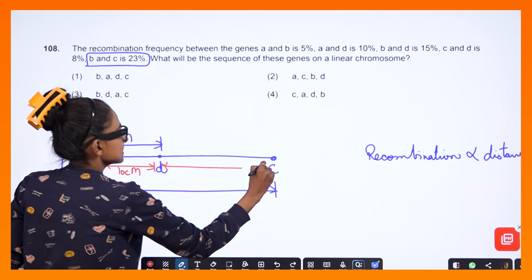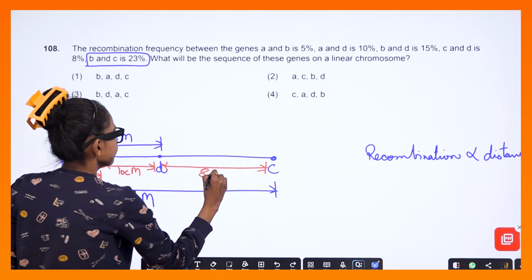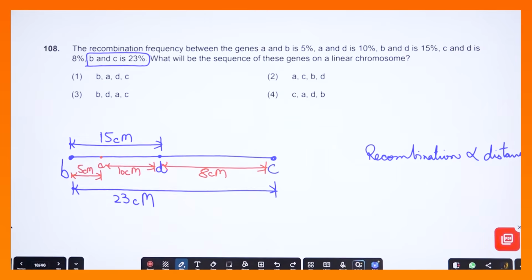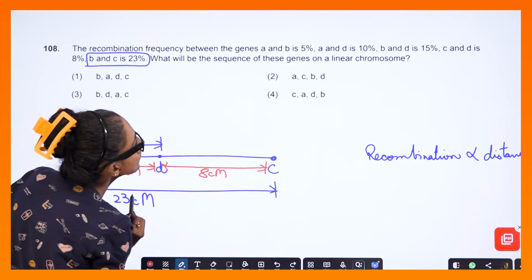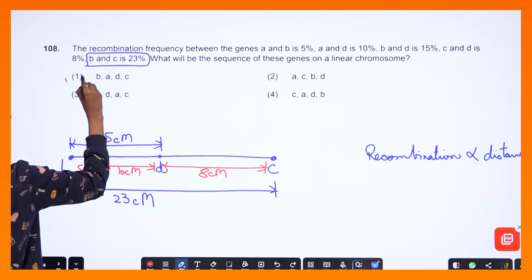Yes, it's matching. So identify the longest distance and then keep on placing the rest. BADC. This one.